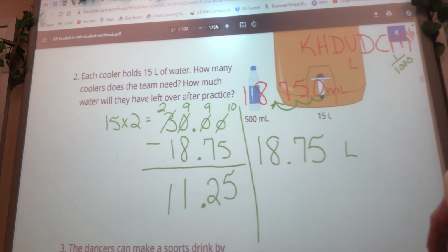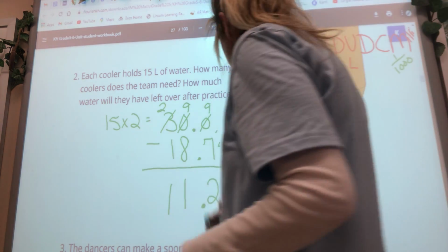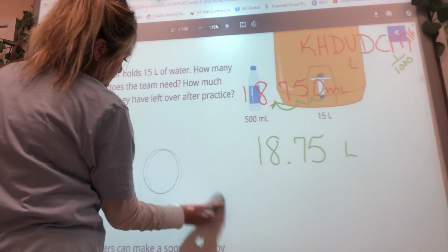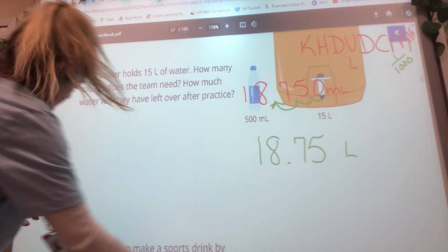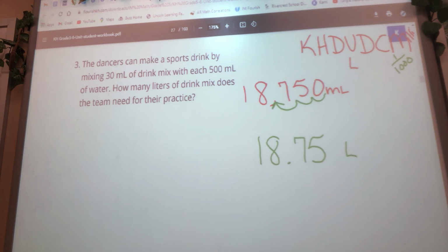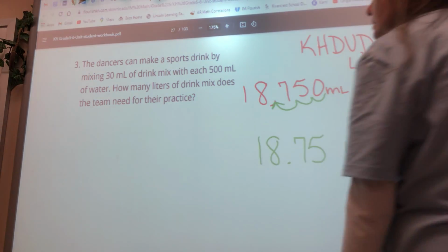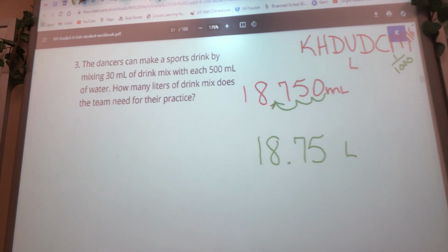All right, number 3. Dancers can make a sports drink by mixing 30 milliliters of drink mix with each 500 milliliters of water. How many liters of drink mix does the team need for their practice?